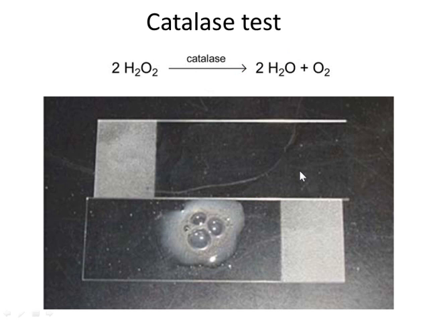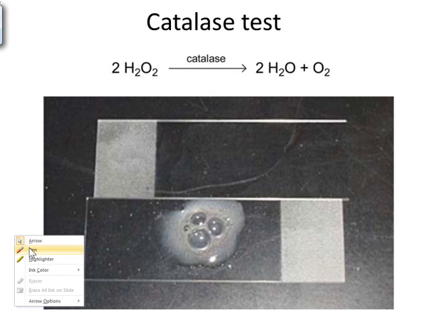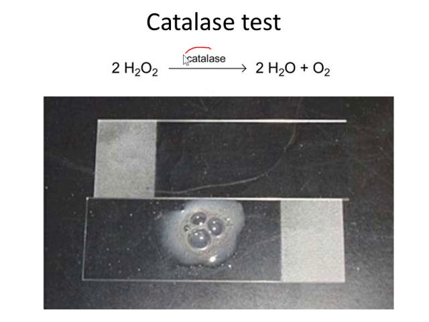We could actually use this as a test. We can classify bacteria based on their ability to produce catalase. What you would do is you would take some bacterial cells, so you would add cells to each slide. So I have bacteria A on this slide, bacteria B on this slide. And then what I would do is I would drop on hydrogen peroxide.